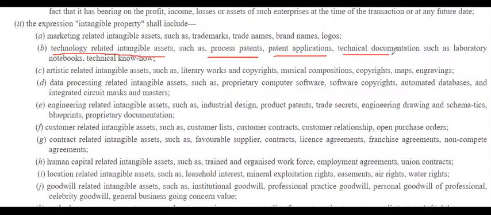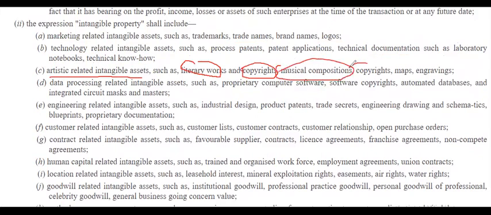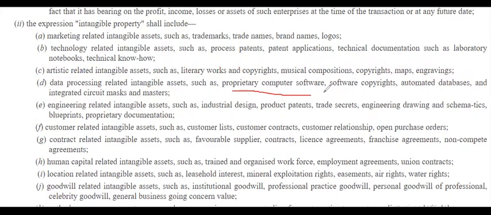patent application, technical documentation such as laboratory notebook, technical know-how, artistic related intangible asset, literary works, copyright, musical compositions, maps, engravings, data processing related intangible asset, proprietary computer software, software copyrights, automated databases, integrated circuit marks, and masters.